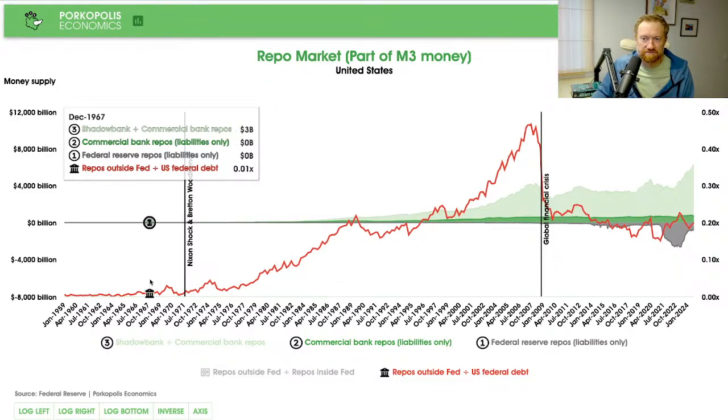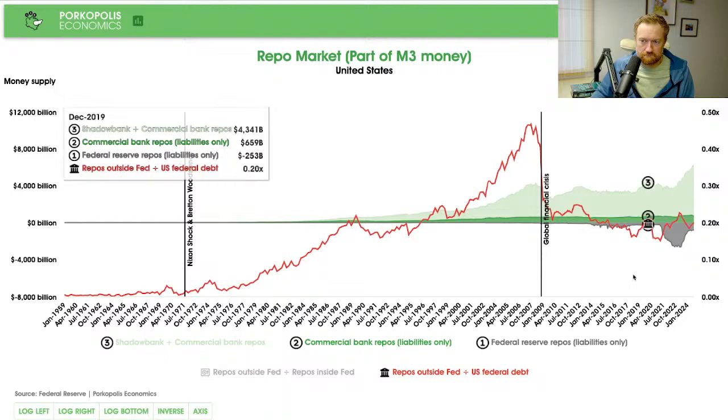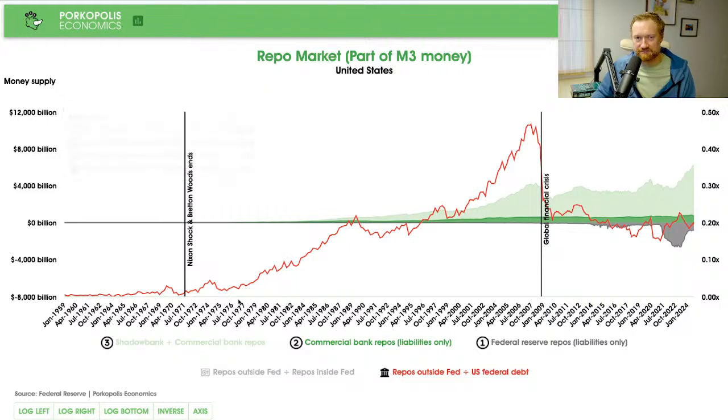So when you see 0.01x, it's 1%. Okay. So the repo market in total, very small here, very small, as a component of the national debt in the 50s and the 60s. 1%, 2%. Wall Street hadn't figured it out yet. They hadn't figured out the super leverage. Again, these are just people that own treasuries.